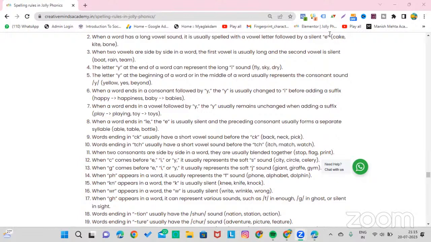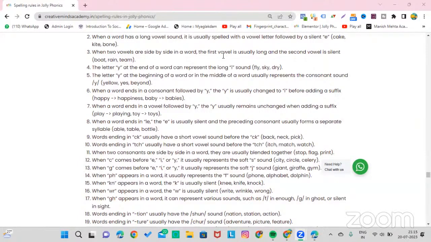Okay. Now the ninth point, where words ending in CK usually have a short sound. We know that truck rule we have done. TCH we have done, defender, TCH. When two consonants are side by side in a word, they are usually blended together. What is side by side? That means consonant blends.